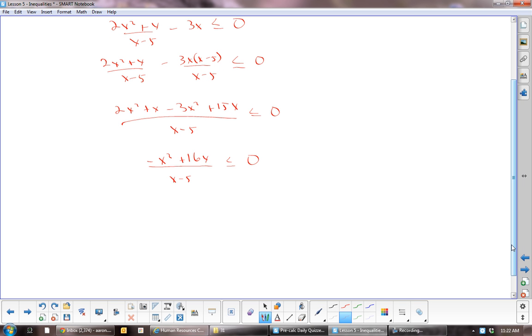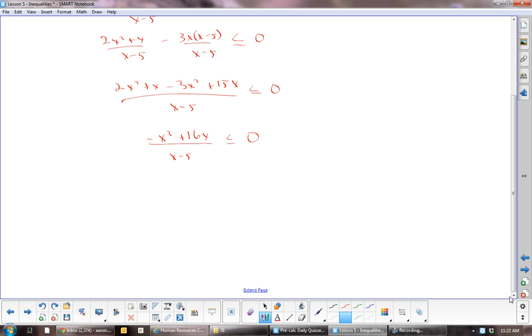Okay, I can factor the top, take out an x or a negative x, whatever. I'm going to take out a negative x. That'll leave me with x minus 16 all over x minus 5. No, I didn't divide by negative x. I actually just factored on the one side. It's a good question.